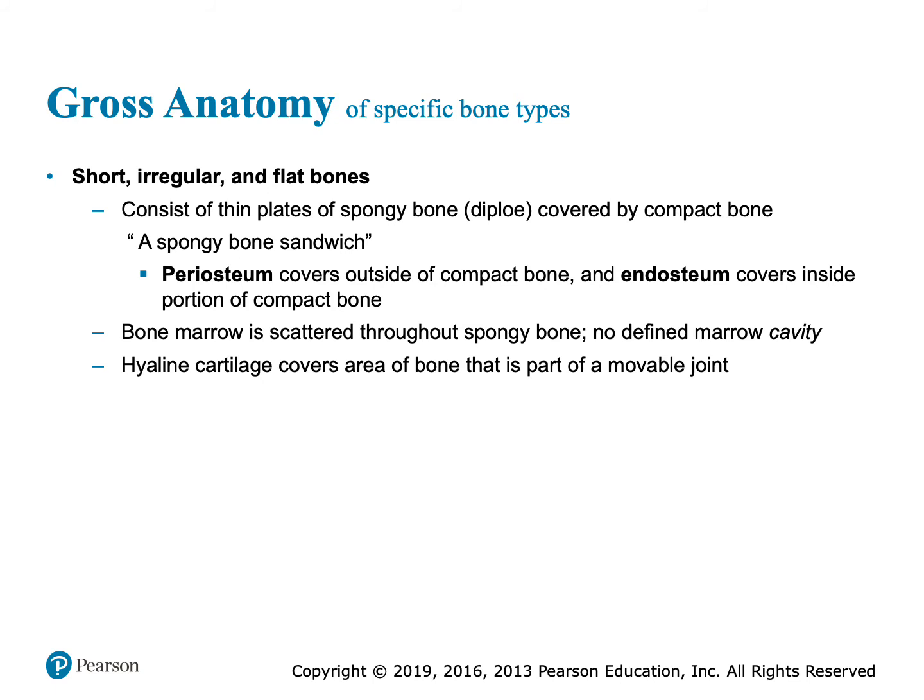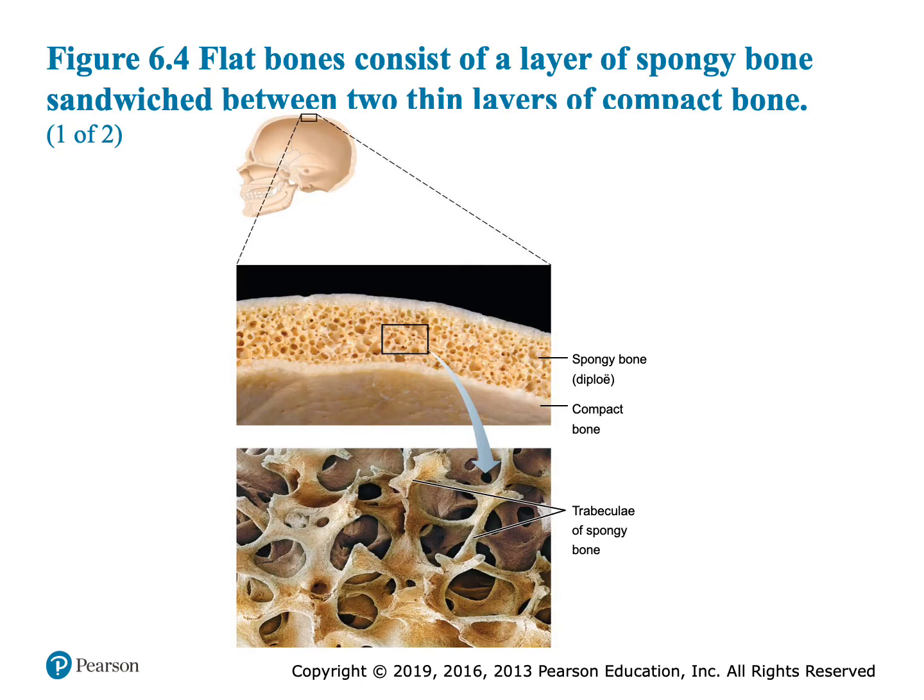If it's an area where bone meets bone and it's a movable joint, then we're going to have hyaline cartilage on the outside ends of the bones. But if it's not a movable joint that's meeting the end of a bone, then it might be something else. So here's a picture of that spongy bone sandwich, and this in particular is a flat bone.